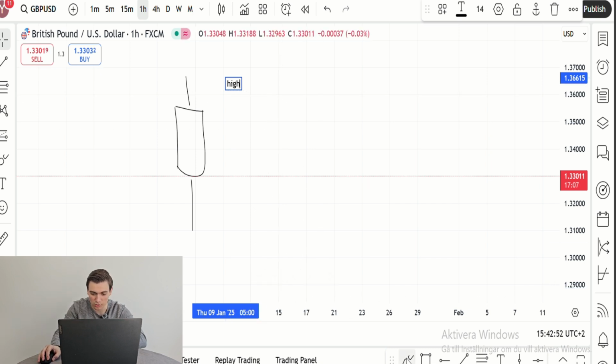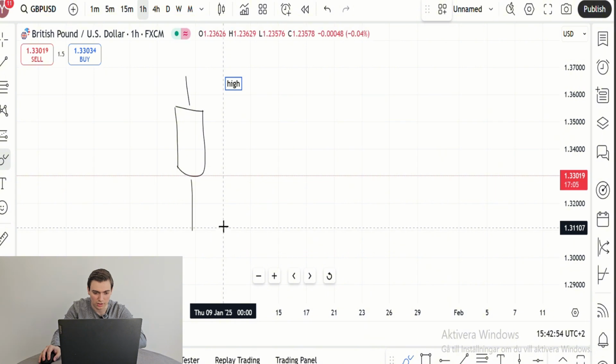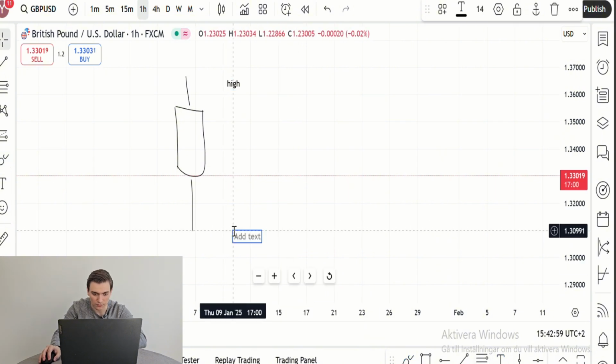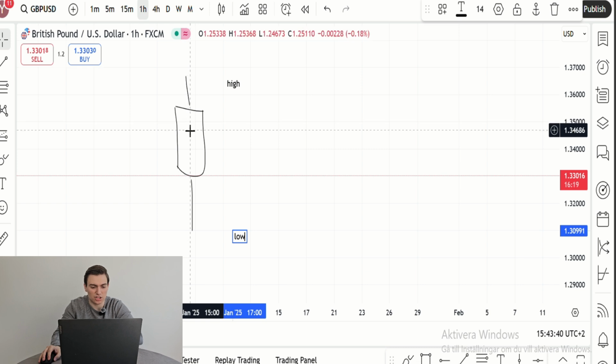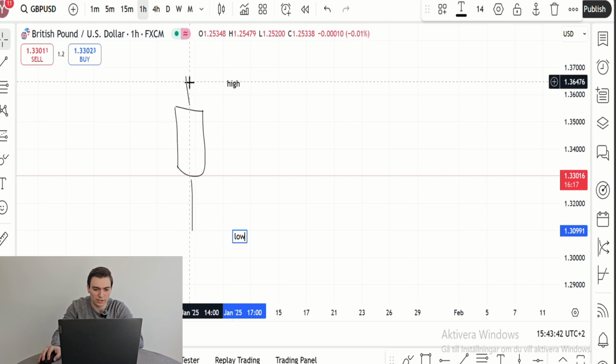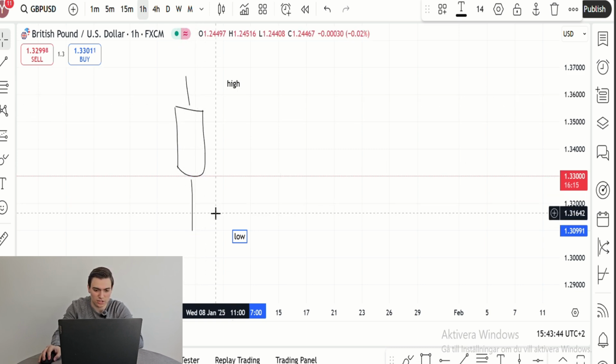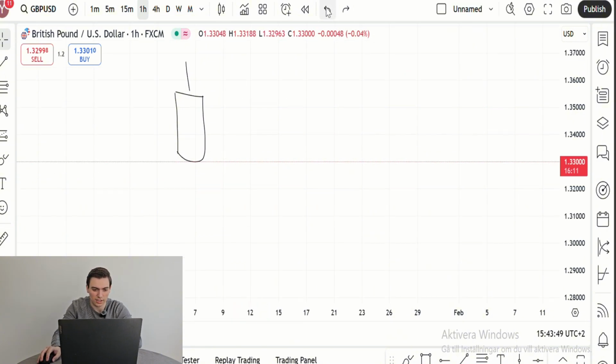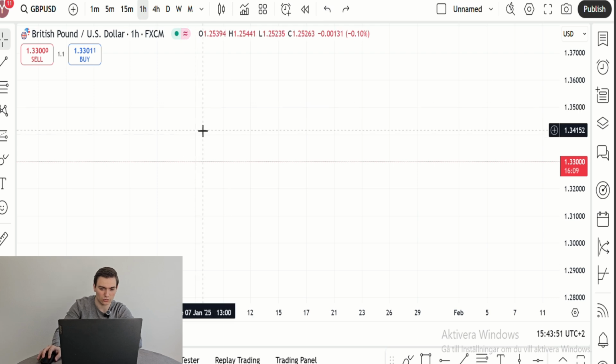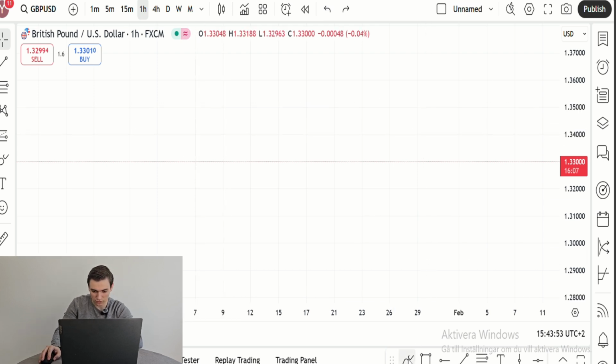It doesn't matter if it's an up or down candle, that's the high of 1 candle, and the under wick will be the low. Pretty simple stuff. The upper wick is the high, the under wick is the low, right? That's really simple.